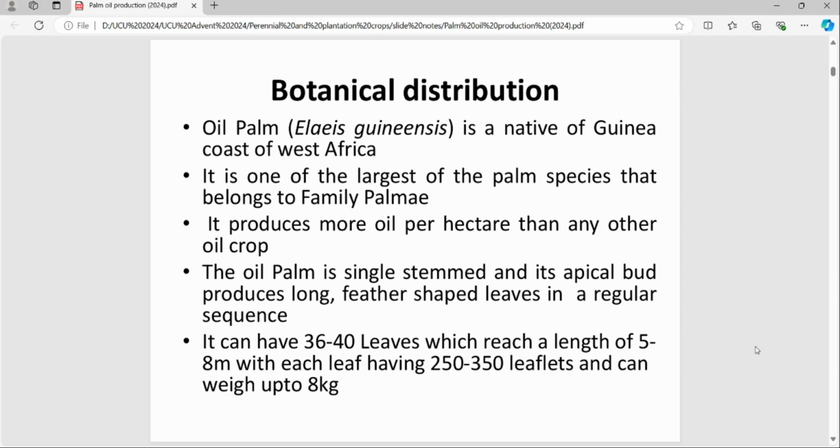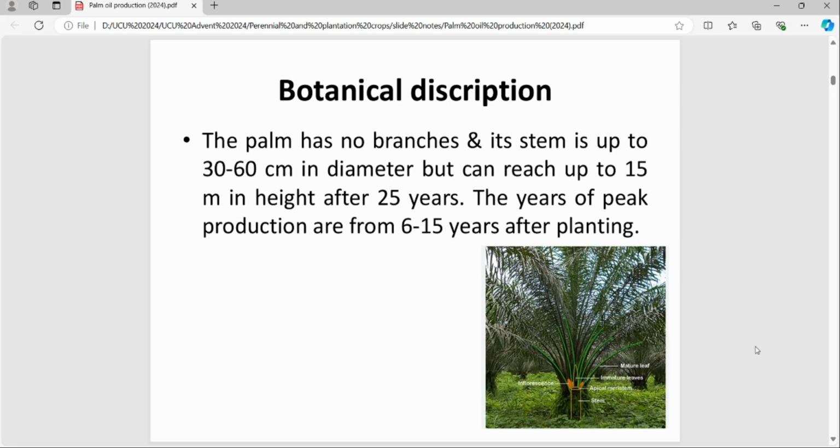It can also have 36 to 40 leaves which reach the length of 5 to 8 meters, especially when it is in a very fertile place. Now, each leaf has 250 to 350 leaflets, and it can weigh up to 8 kilograms.